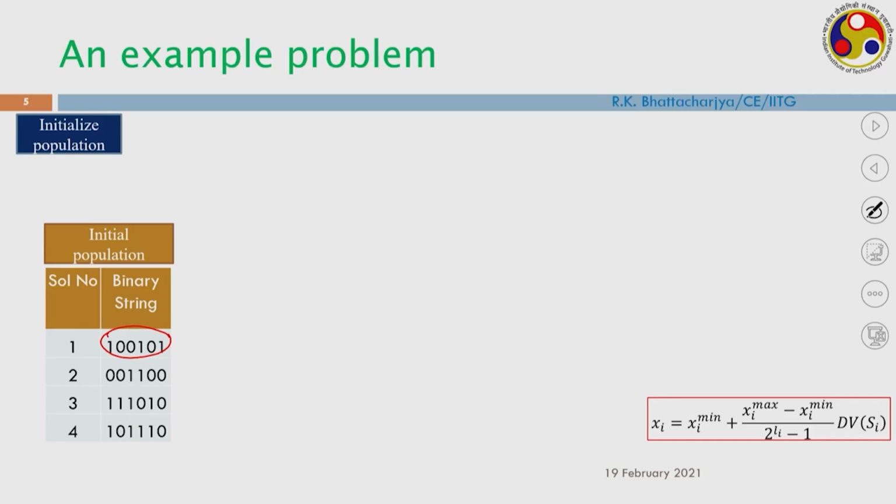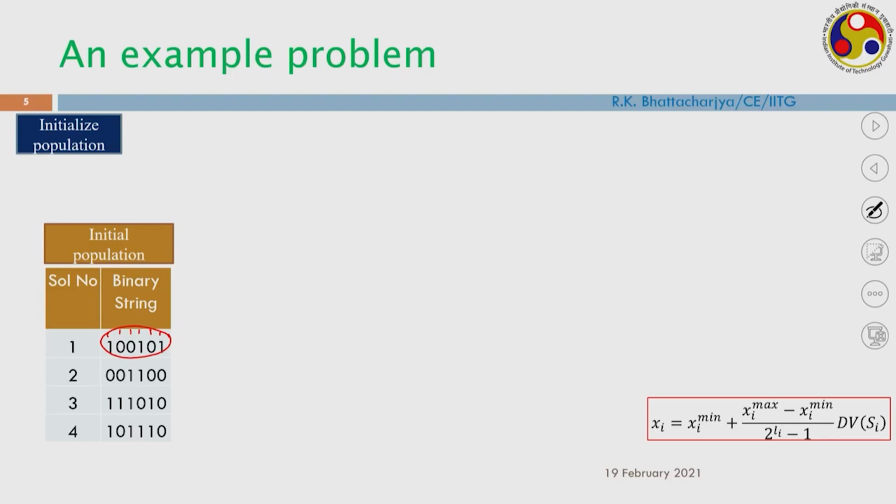If it is head, you put 1; if it is tail, you put 0. In this case, head, I am getting 1. Then you go to the next bit, you toss the coin, it is tail, so you get 0. Then tail, 0; then head, 1; then tail, 0; and head, 1. This way I can generate a random string.